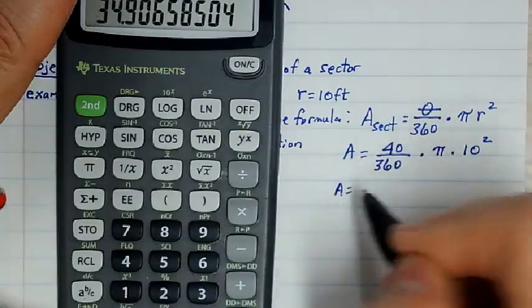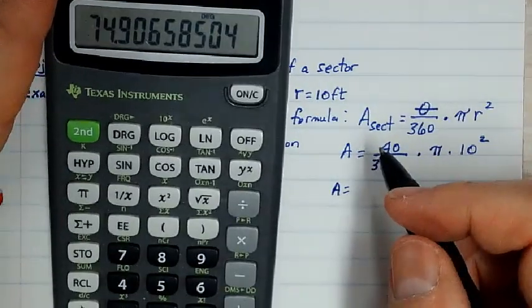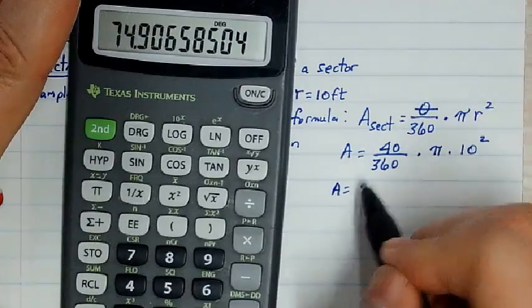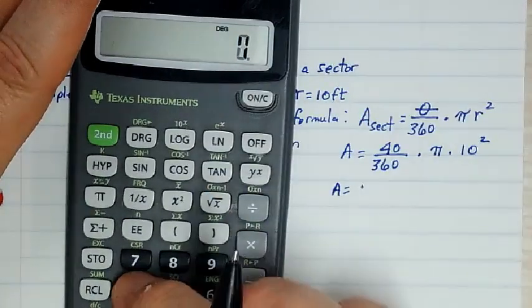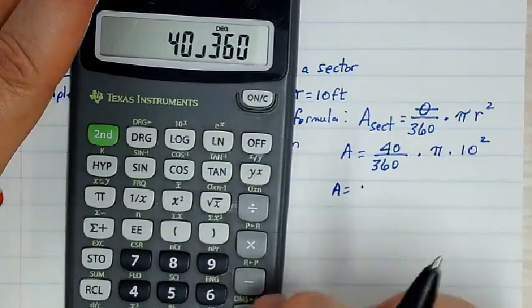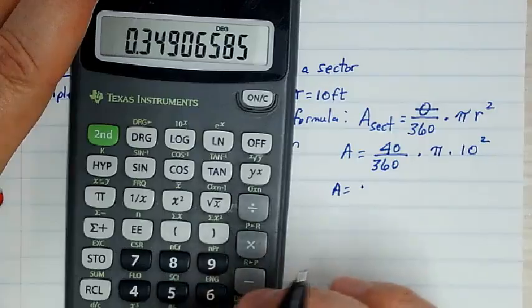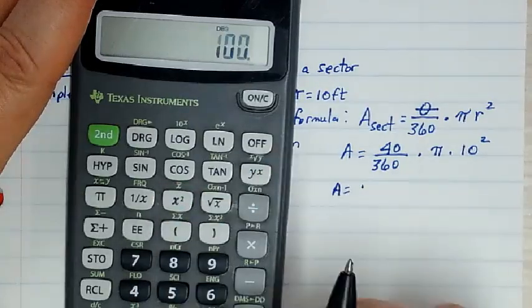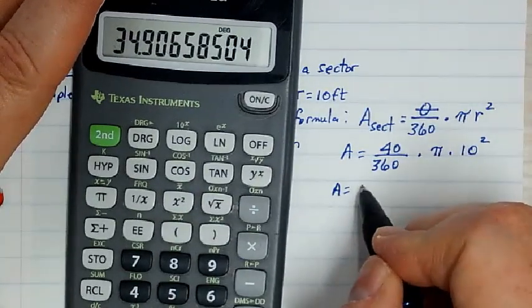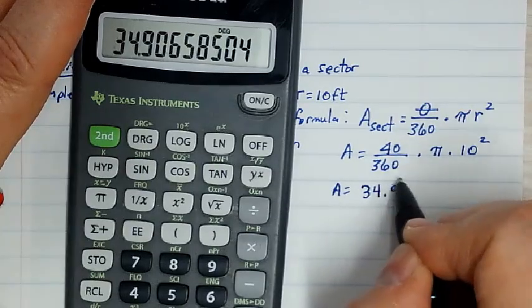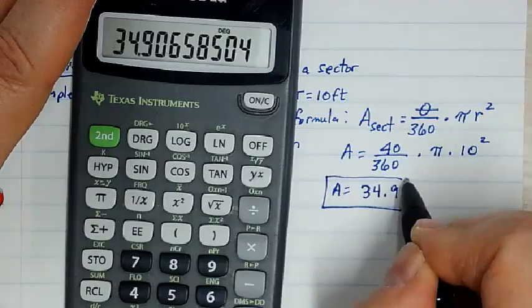And if we round that to the nearest tenth, let me just double check my work: 40 ABC 360 times pi times 10 squared equals, and I'm getting 34.9. And that is the area.